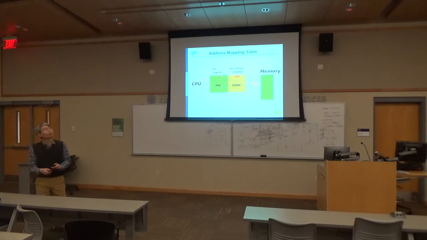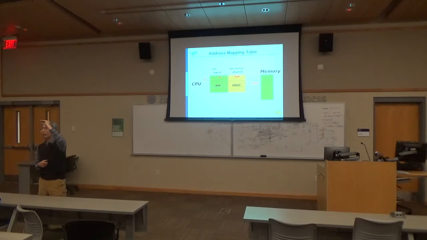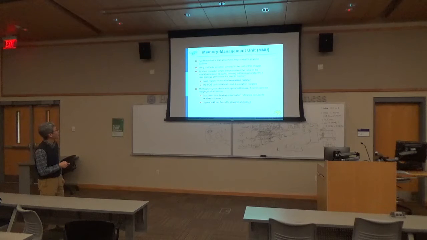So usually we put this memory management unit, the MMU, in the kernel memory space. Sometimes it can be in the cache, the L3 cache area. So we can keep such a memory mapping table, address mapping table.